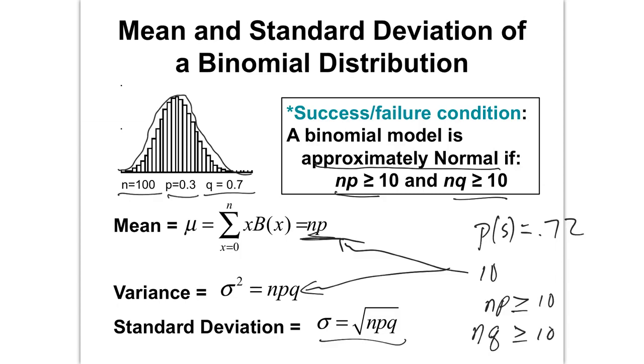So if n is 100, then np is going to be 72, that's greater than 10. nq is 28, that's greater than 10. So we can use a normal model to approximate a situation where the probability of success is 0.72 and n is 100. And that allows us to use the normal model, which is really, really convenient.